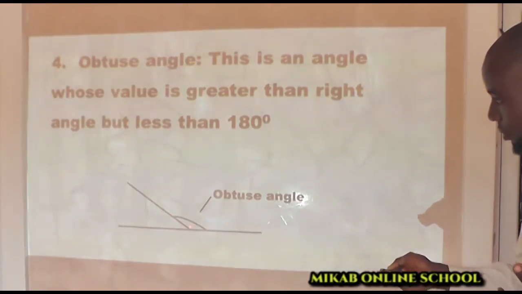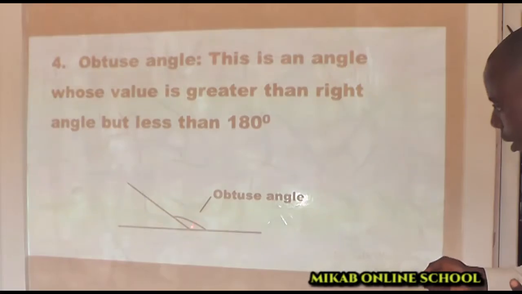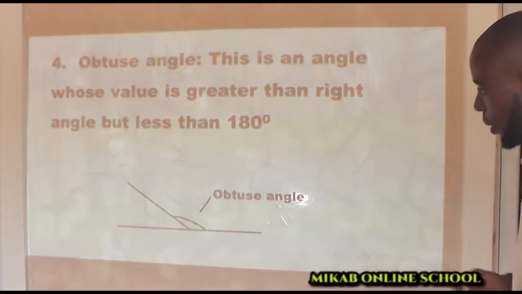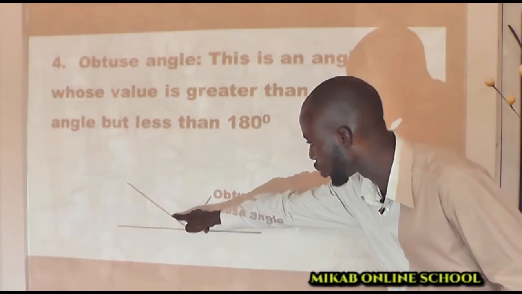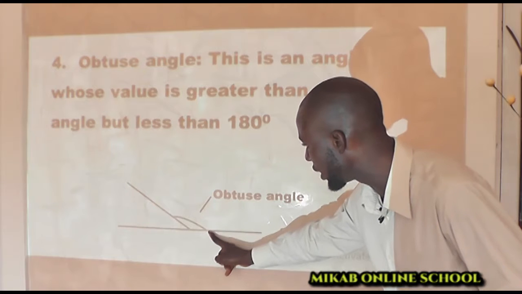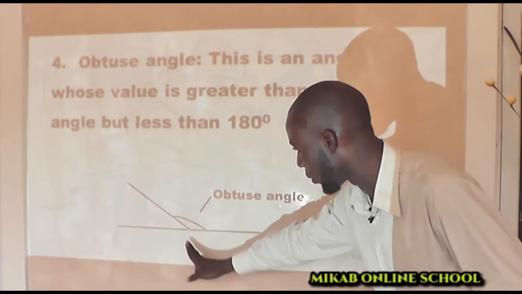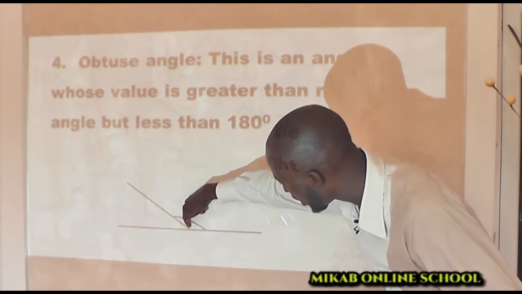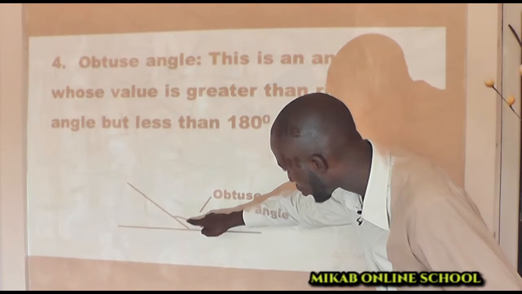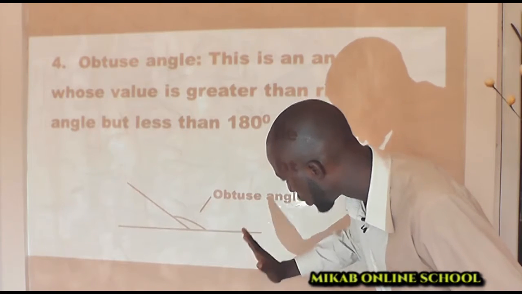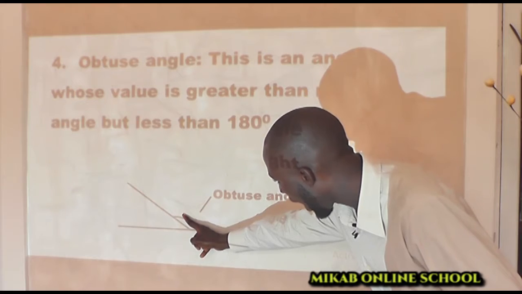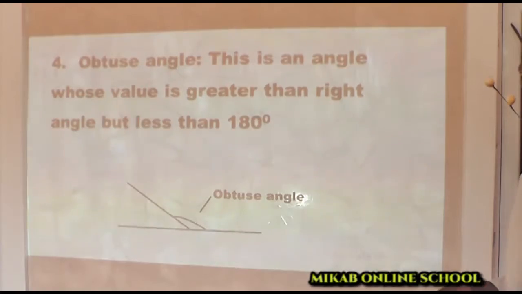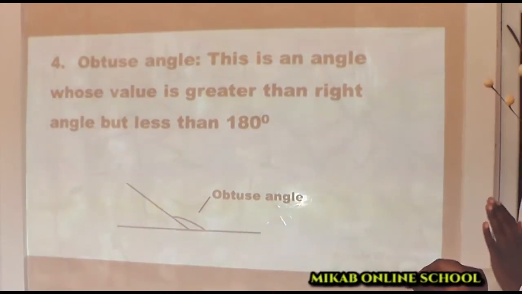If you look at this diagram here, this line marks the angle from this point to this point. It is an obtuse angle because this angle is greater than a right angle. A right angle will be drawn from a line that is perpendicular to this, drawn from that point to this. Any angle exceeding that is an obtuse angle. That's about the obtuse angle.